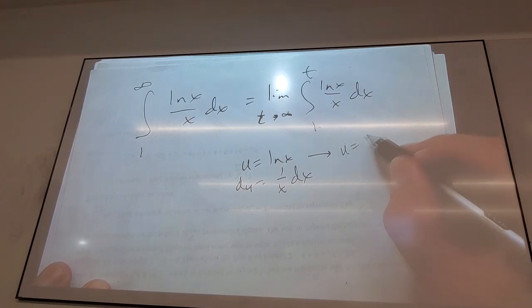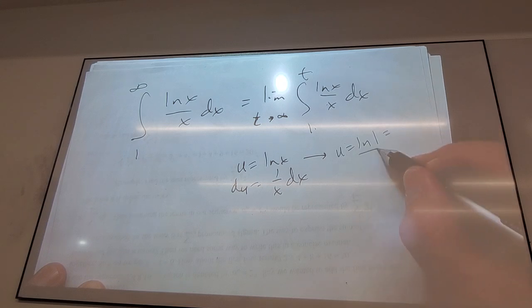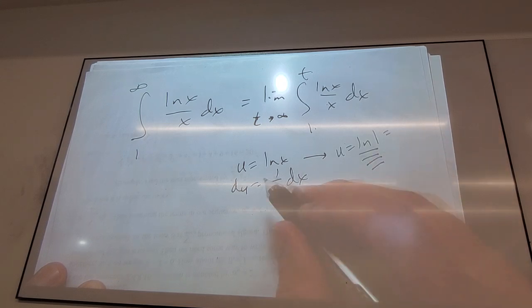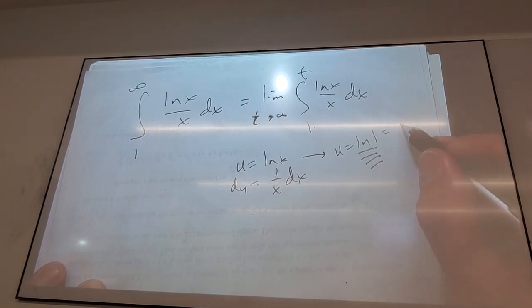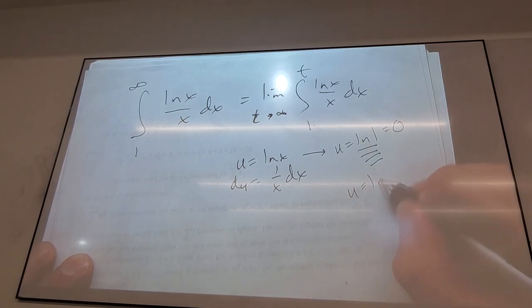So when x is 1, what's u? When x is 1, u is 0. Natural log of 1 is asking you, what do you raise e to make it 1? And what's the other limit? t. And when x is t, what's u? I wrote it.